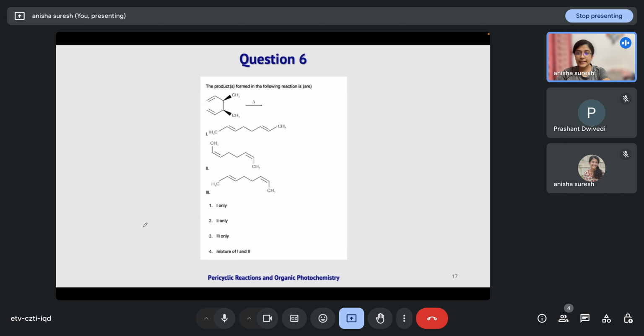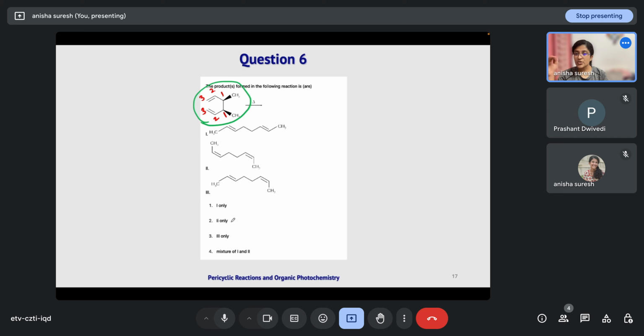Coming to question number 6, the products formed in the following reaction is or are. So here this system is given, it is undergoing a 3,3 sigmatropic rearrangement, as you can see. 3, 2, 1, 3, 2, 1. It will undergo a 3,3 sigmatropic rearrangement. So they are asking what is the product that is formed. 1, 2, and 3 options are given.